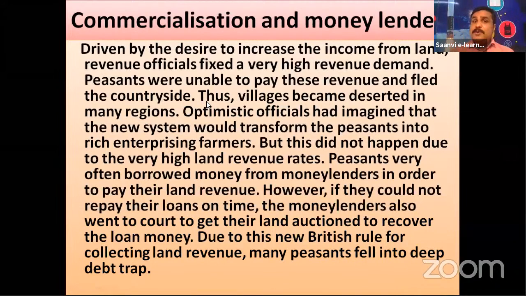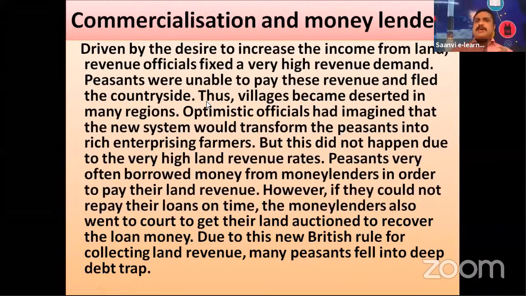Peasants were unable to pay this revenue and fled the countryside. So, by the desire to increase the income from the land, what did officials do? They started collecting high revenue or money from the land. What problem may they face for this? Peasants were unable to pay this revenue and fled the countryside or left the place.